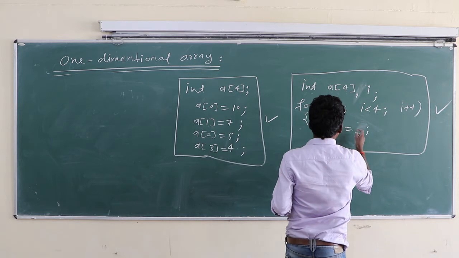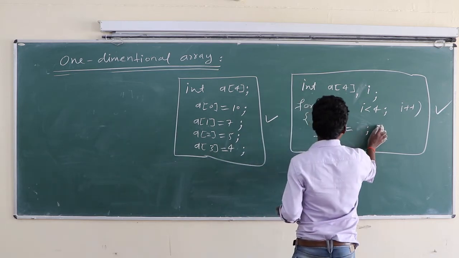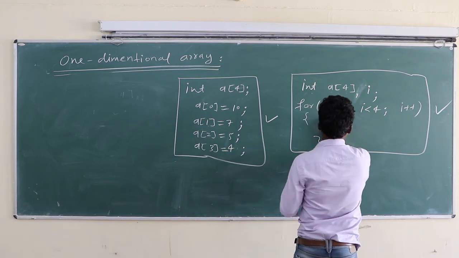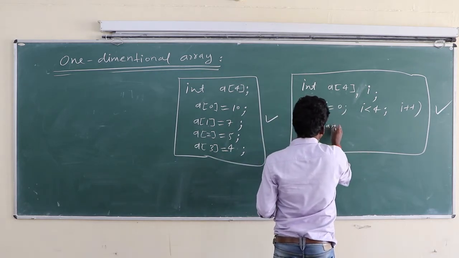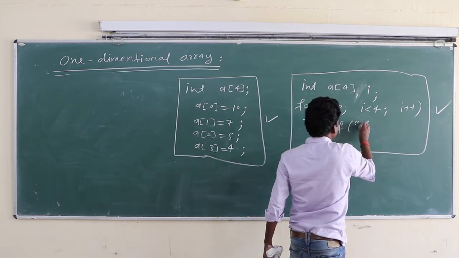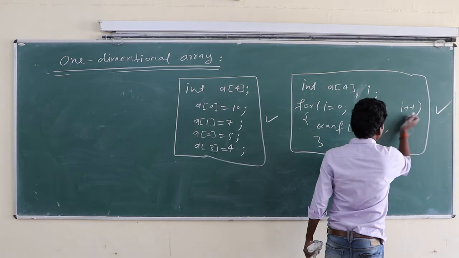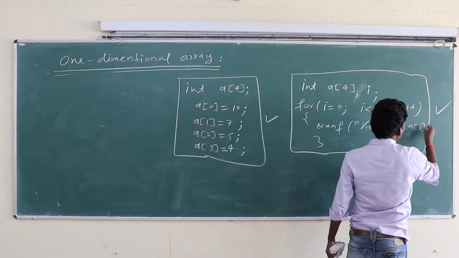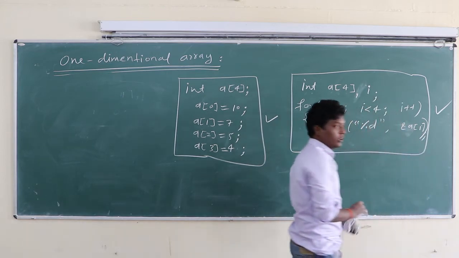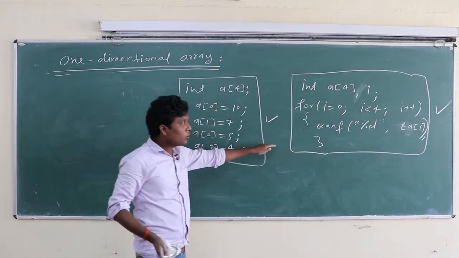Here you can write scanf("%d", &a[i]). Here you can enter what you want. So this is true and this is true, both are true.